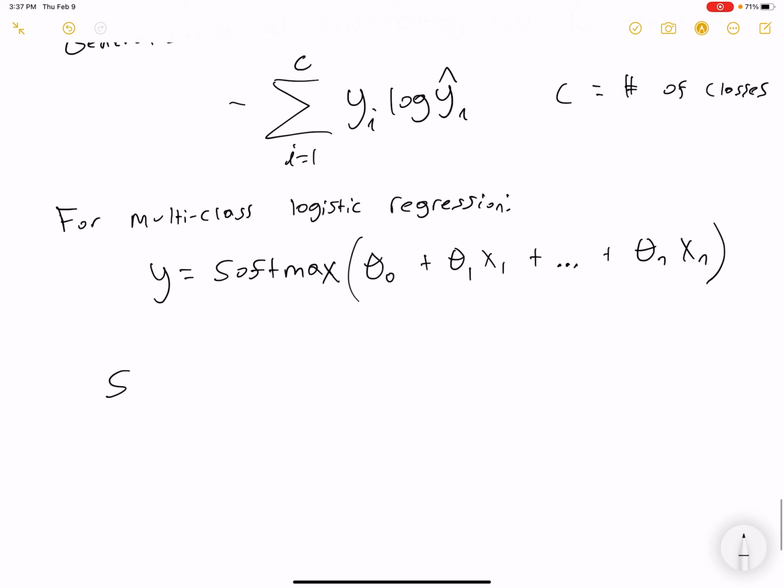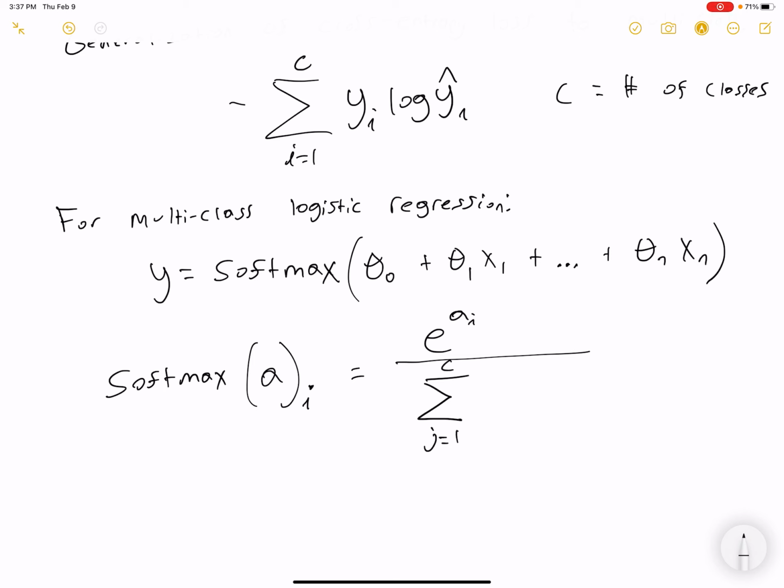Where the softmax equation of the ith class is equal to e to the power of the input over the summation over all the classes of e to the jth class.